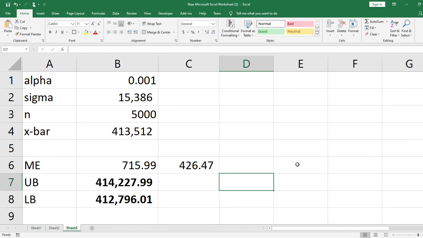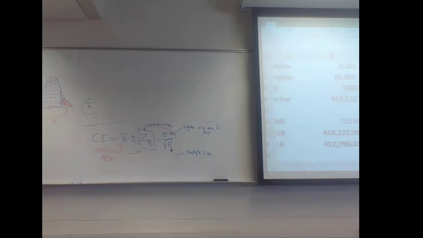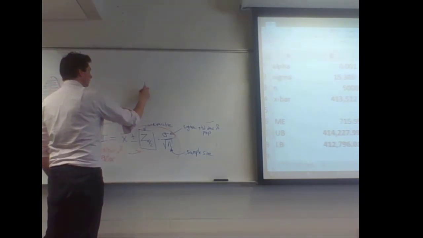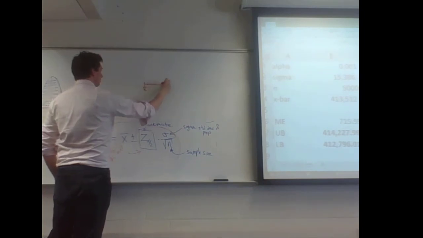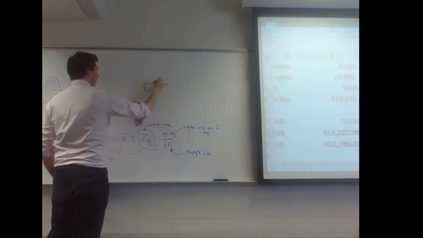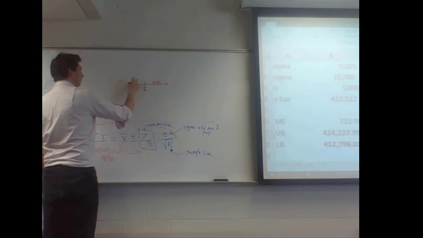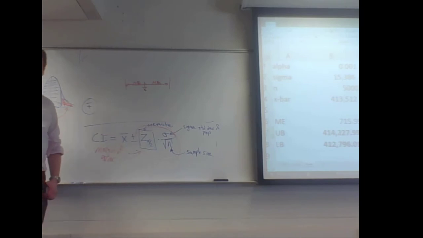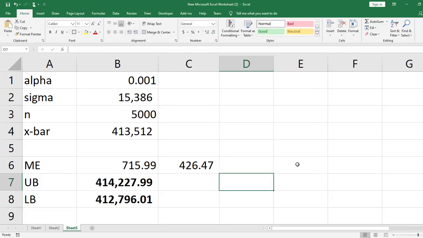2 times the margin of error. 2 times the margin of error. Right? How do you know? It's based off of the mean, so this is one margin of error one way, one margin of error the other, the distance between them. Exactly. By definition. So if you want to know what the range is, just look at the margin of error and double it. It's about 1430.